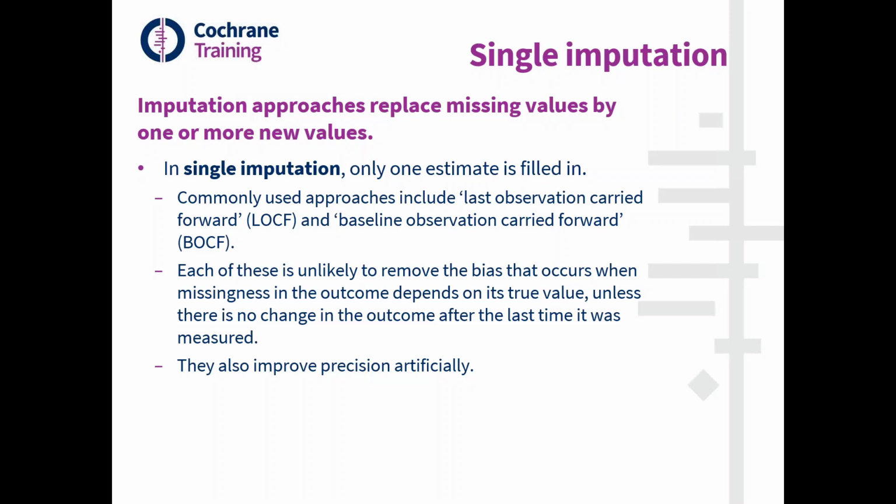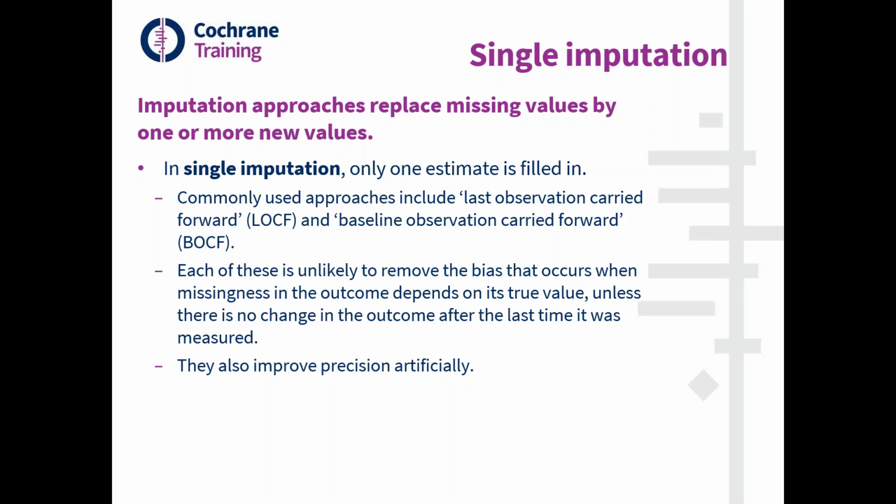I didn't measure the final value, but I measured the value at 6 months, so I use that value. Or baseline observation carried forward. I'm interested in a trial of a blood pressure lowering medication. I didn't measure blood pressure at follow-up, but I know blood pressure at baseline, so I'm going to use that.